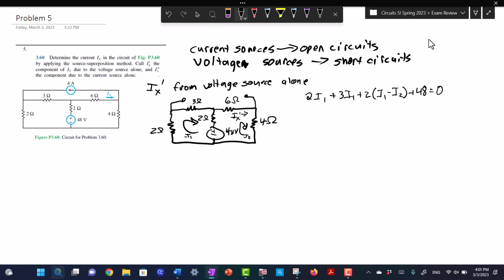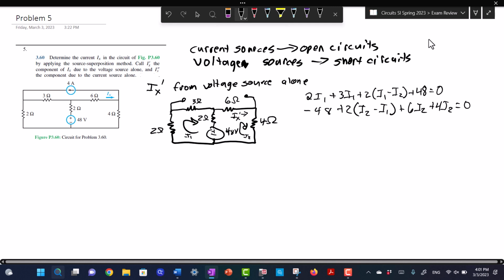Going around the second loop, I'm going into the negative side of the voltage source, so that'll be minus 48 plus 2, with the 2 ohm resistor here in the middle, plus 2(I2 minus I1) plus 6I2 plus 4I2 equals 0.